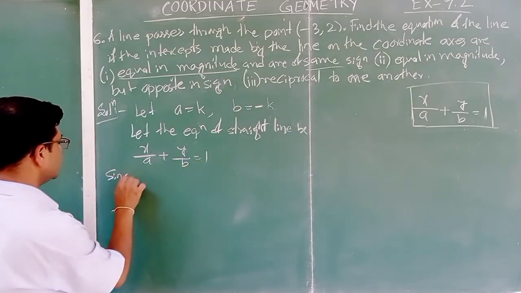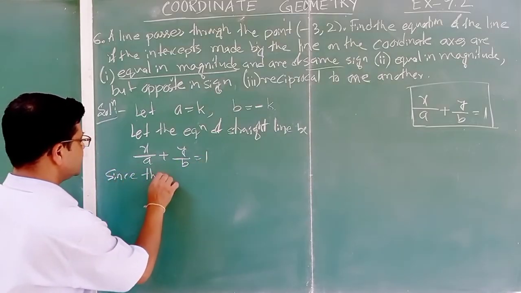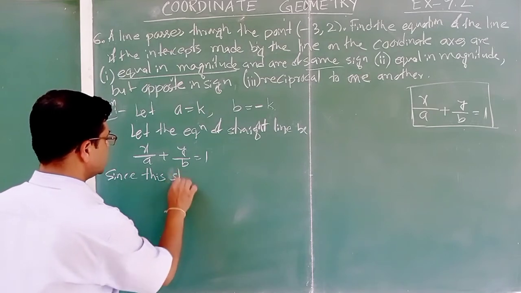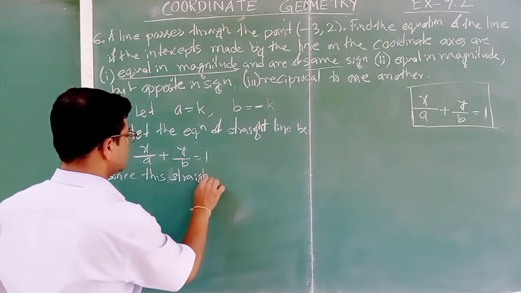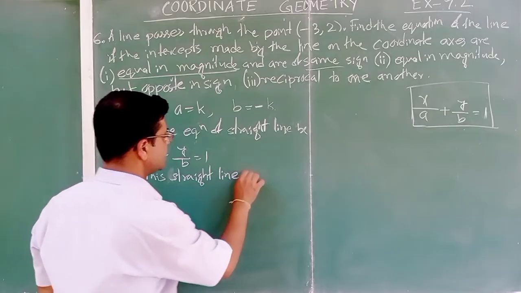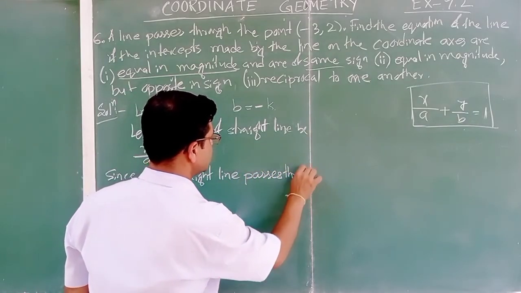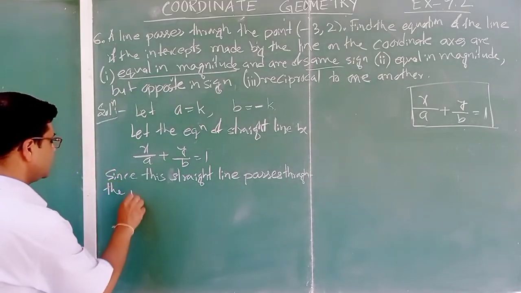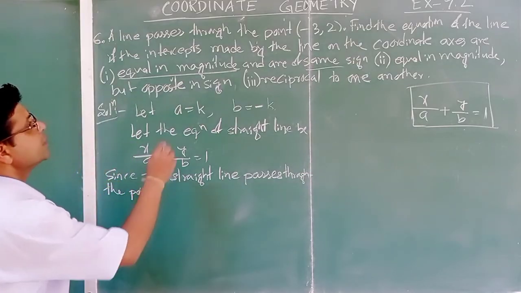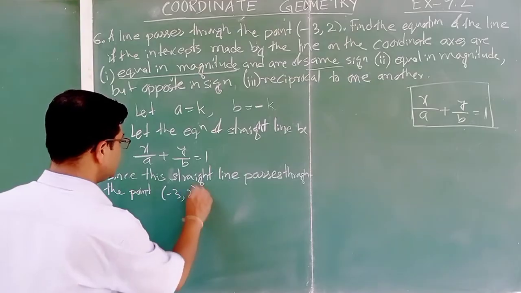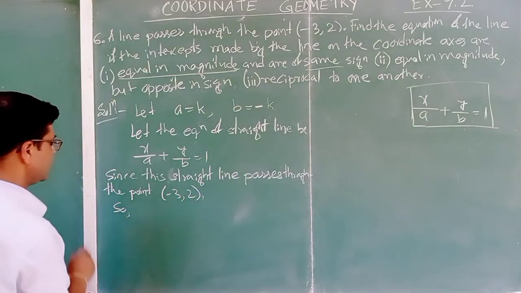Since this straight line passes through the point, what are the coordinates of the point? (-3, 2).